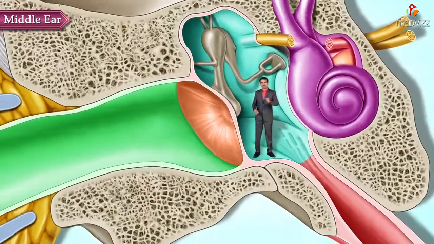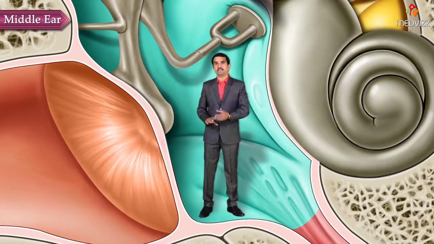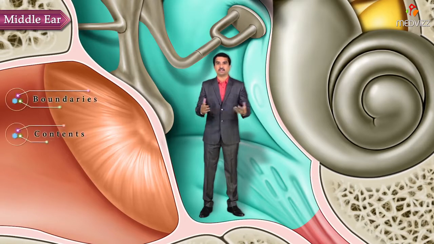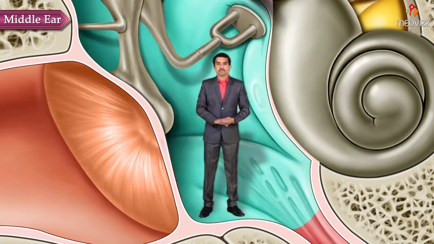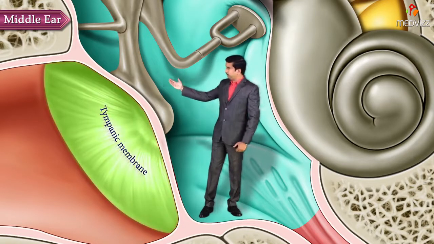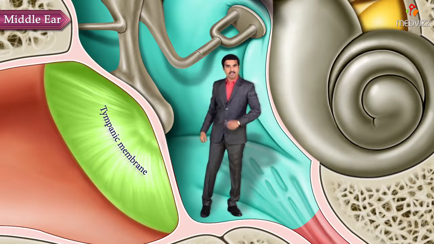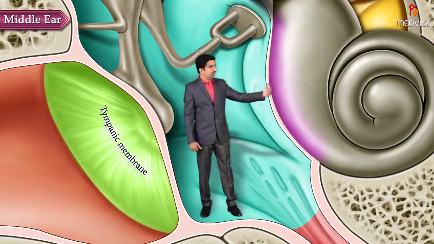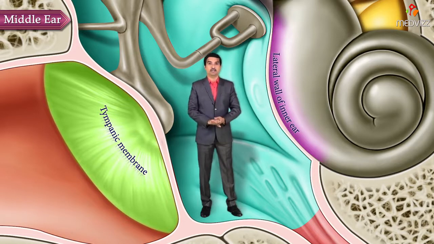So this video is going to focus especially on the anatomical aspects of the middle ear, where we are going to discuss their boundaries, contents, as well as the blood supply and the nerve supply of the middle ear. The middle ear extends from the tympanic membrane, because the tympanic membrane is the lateral structure of the middle ear, towards the lateral wall of the inner ear.